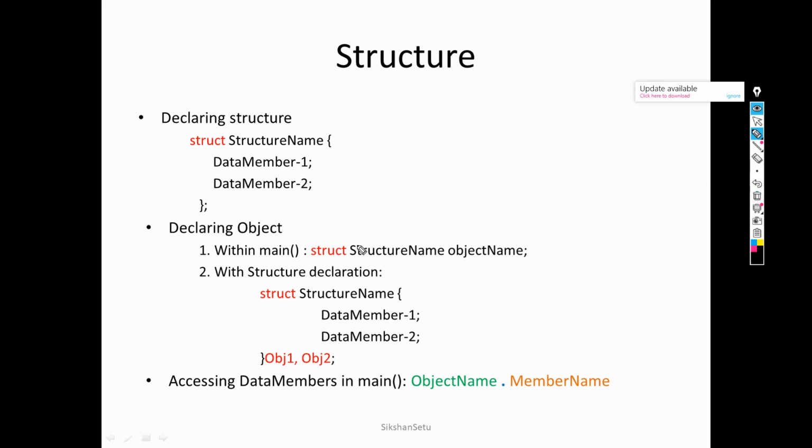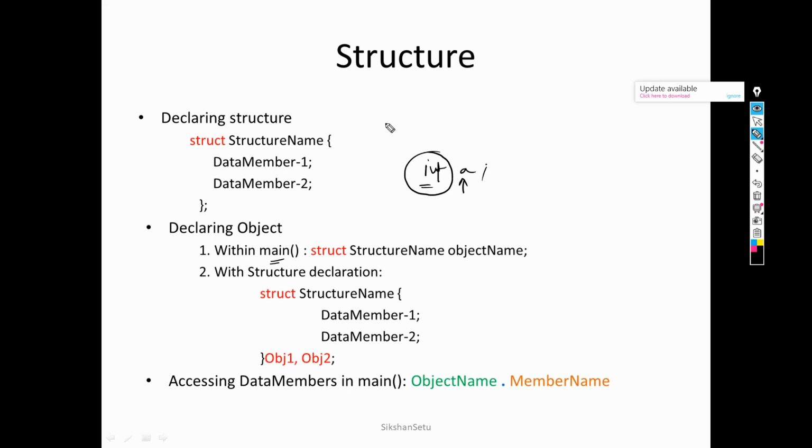Okay. Now we try to understand how to create the object. There are two ways. First, you can create the object within the main method. Simply, like in a variable declaration we write integer a, where integer is our predefined data type and a is the variable name. An object is almost a variable, but a special type of variable because its data type will be user defined.